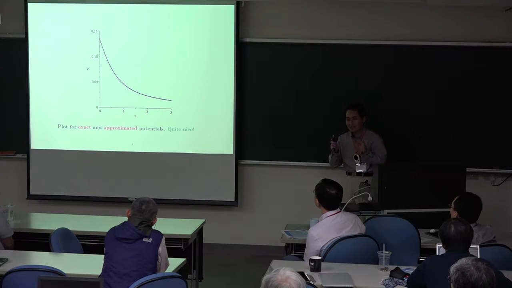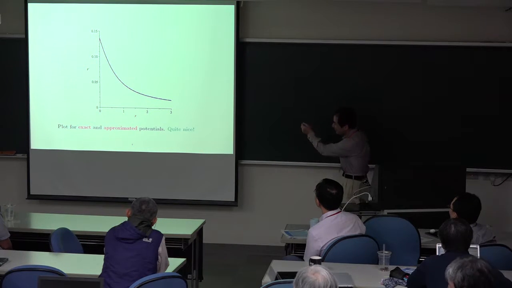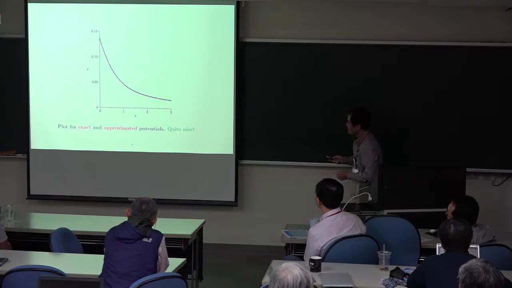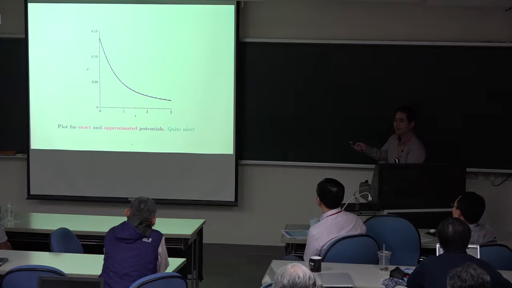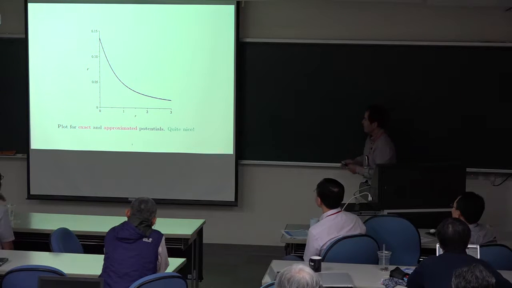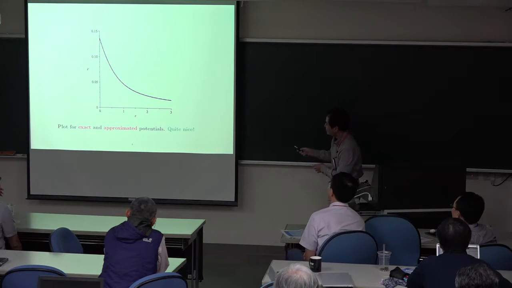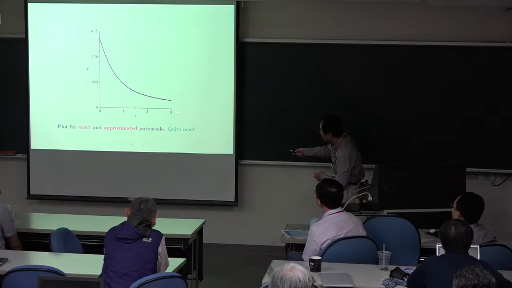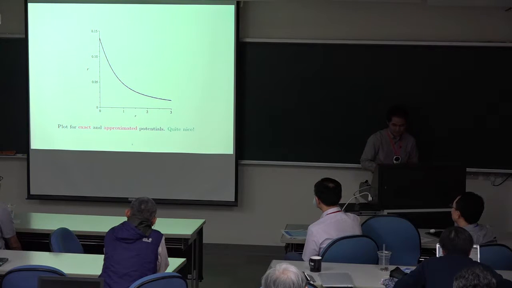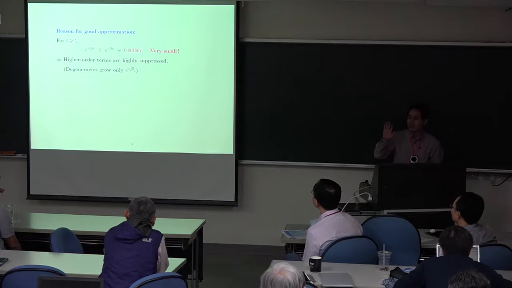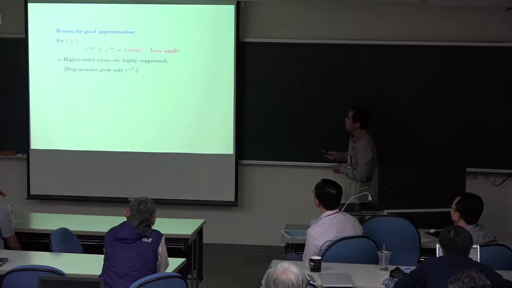If your eyes are very young, then maybe you can distinguish these two. But of course, I would say that this is a very good approximation. And I want to emphasize that the approximation is good for the whole range of R, from small R to large R. Very nice. And this is not just because we are fortunate; there is a reason.